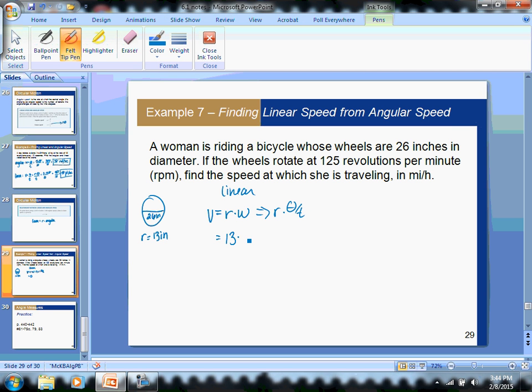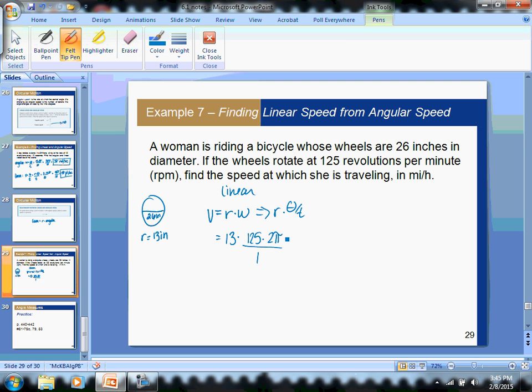So I need to know my angle in radians, and I need to know my time. Okay? Now this is where the revolutions per minute comes in, because my time is going to be 1 minute, and then I'm going to do 125 revolutions. So that's 125 times around this circle. And remember, you go around a circle once and you've gone a distance of 2 pi.